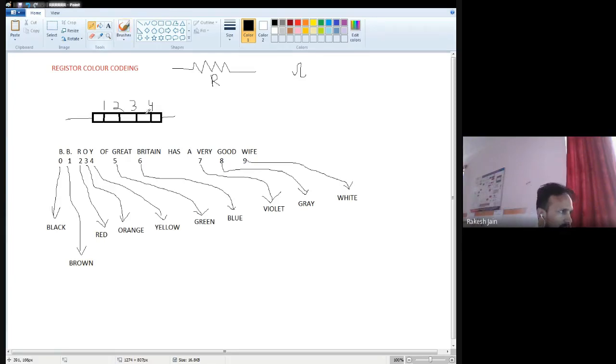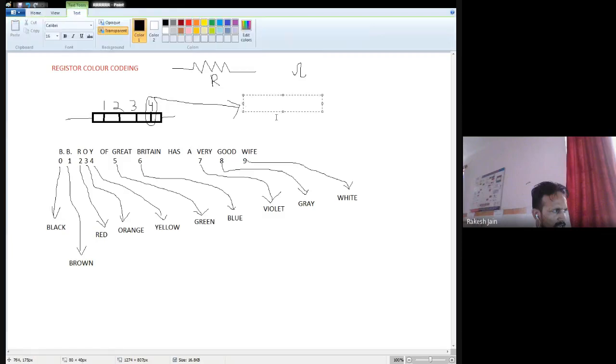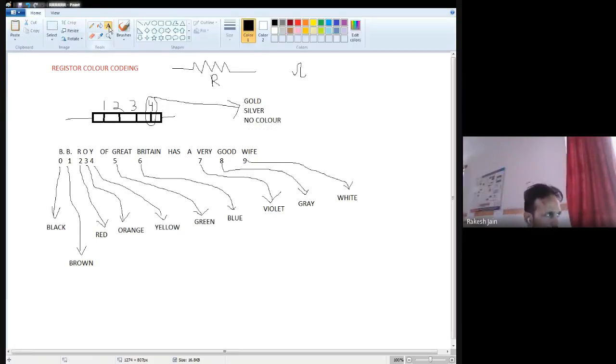So remember always that the fourth color band has only 2 colors you will see, either gold or silver. One more option is also there, that is no color. This fourth color band is used for tolerance.